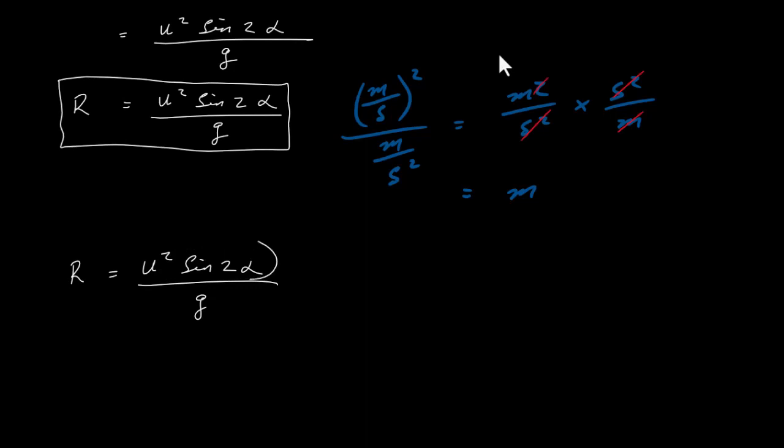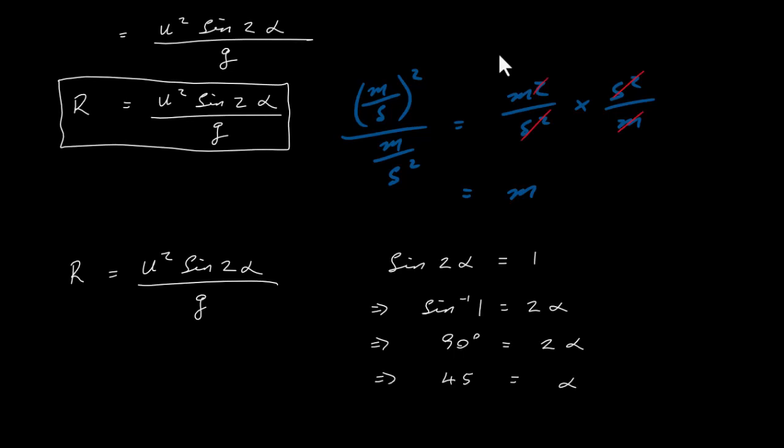So the maximum that sine 2 alpha could be would be 1. So we need sine 2 alpha to be equal to 1. That means sine inverse 1 is equal to 2 alpha. And we know that the sine of 90 degrees is going to give us 1. So that means our 2 alpha here is going to be 90 degrees, or our alpha, our angle of projection, should be 45 degrees.